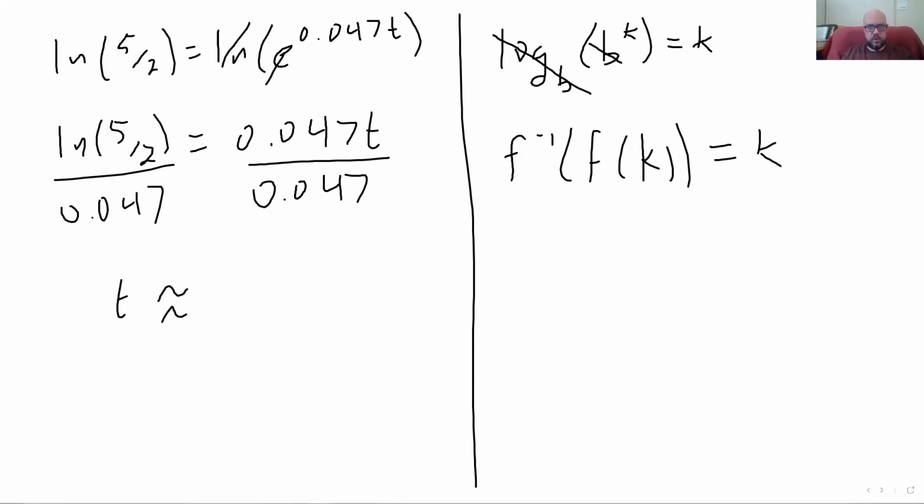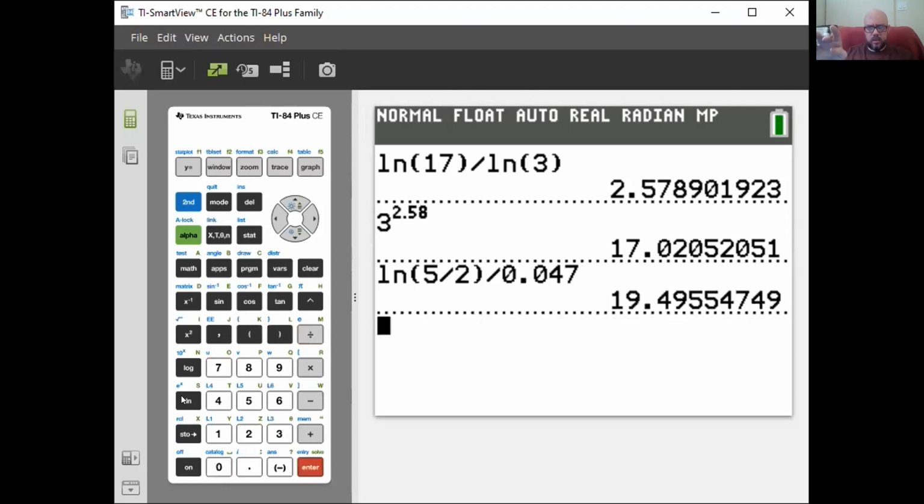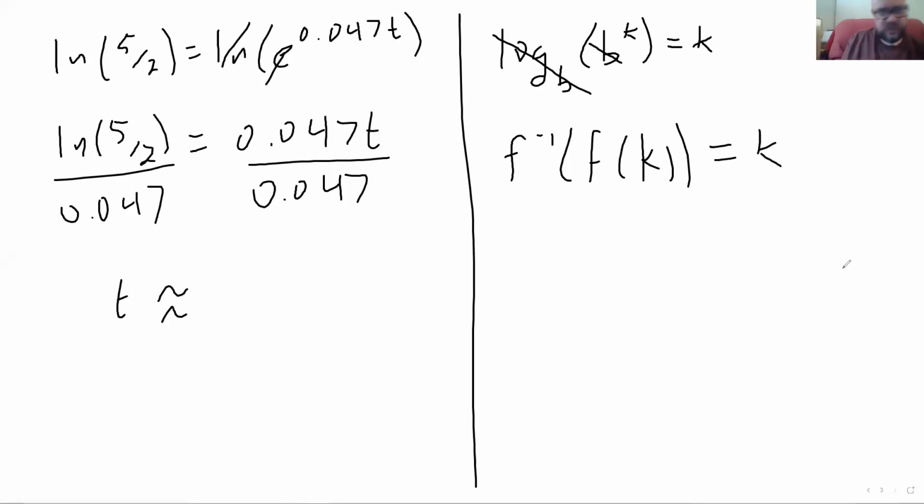So we're going to do natural log of 5 over 2 divided by 0.047. 19.49 years. So let's say 19.5 years. That's probably too long. Janet will probably have to save some more money, but about equal to 19.5 years.